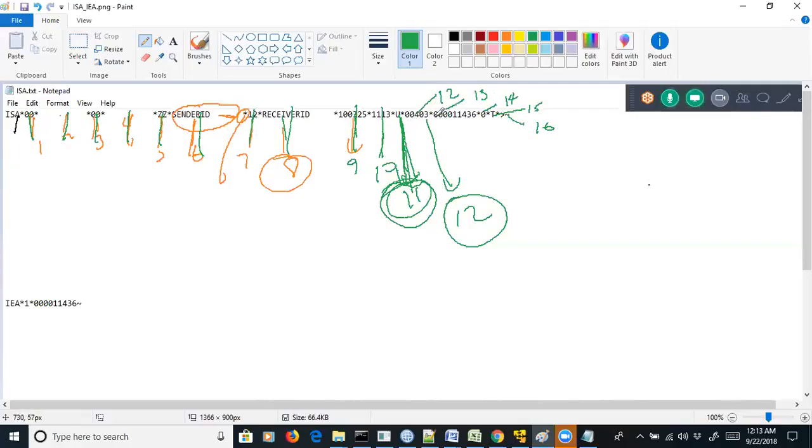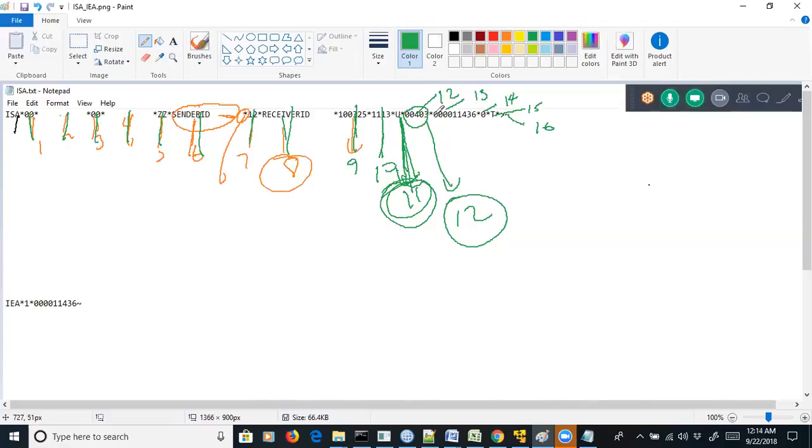So what is this 12th field? 12th field is nothing but your interchange version number. We will see a similar kind of thing in the group GS also, but there is a slight difference between this version and the group version. So we have the EDI standard, right?